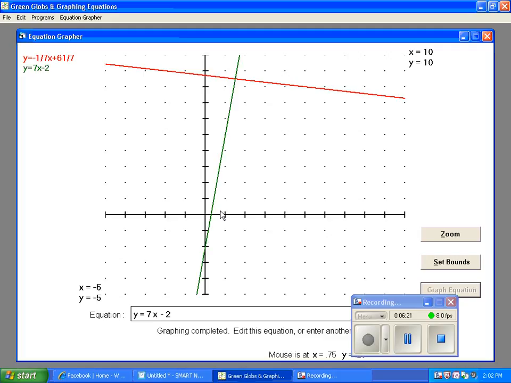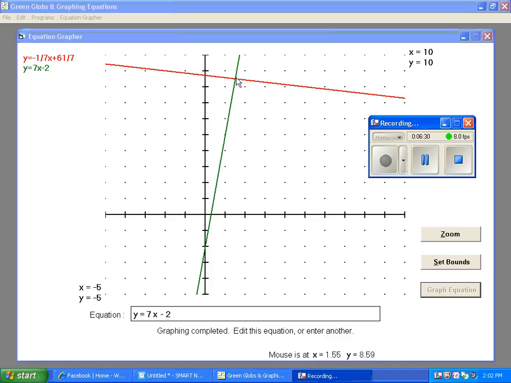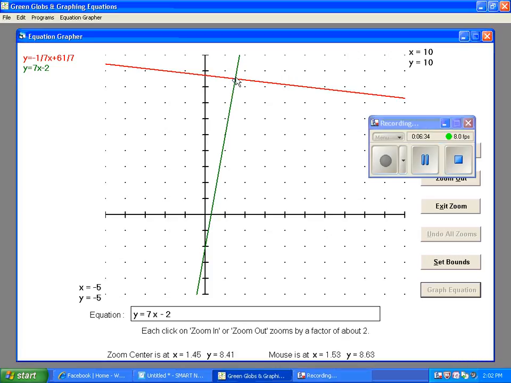And does it go through the point 1.5, 8.5? It really does. It's hard to see here. Let me push that up. It's hard to see, but now look. You can see that point. It's 1.5, 8.5. There you go.